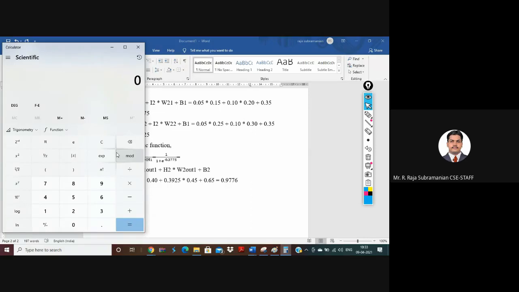I hope I have taken minus 0.3775, and the e of this plus 1 is 0.37182. 1 divided by 0.37182 is 2.689. I hope this is also not right. Can anyone calculate in the scientific calculator and tell me? 1 divided by 1 plus e power minus 0.3775.